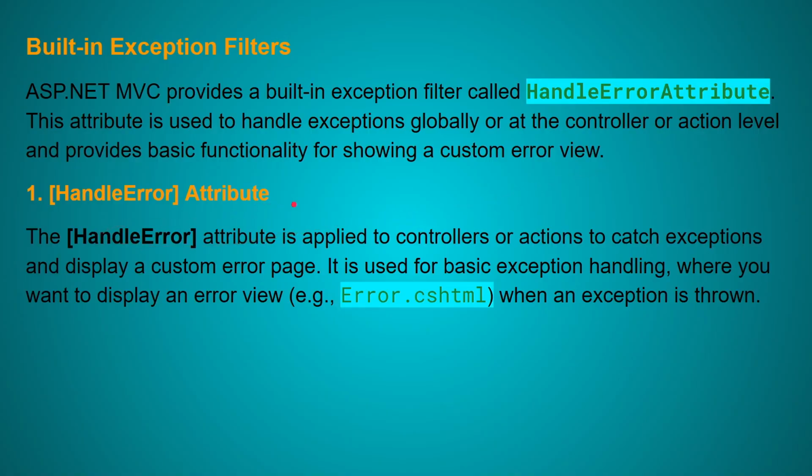The HandleError attribute is applied to controllers or actions to catch exceptions and display a custom error page. It is used for basic exception handling where you want to display an error view, Error.cshtml, when an exception is thrown.